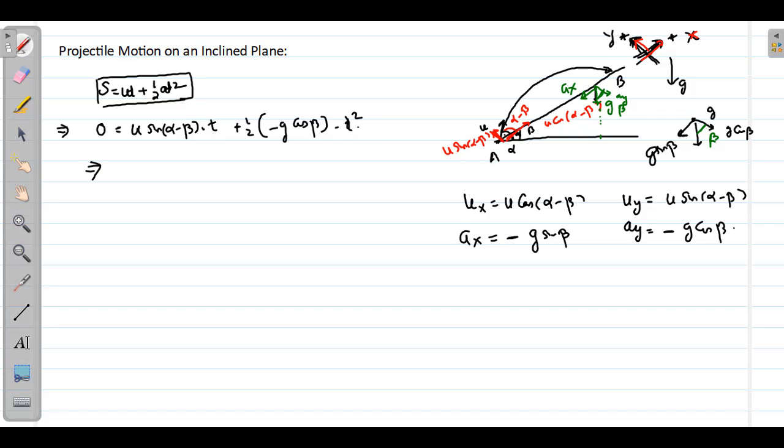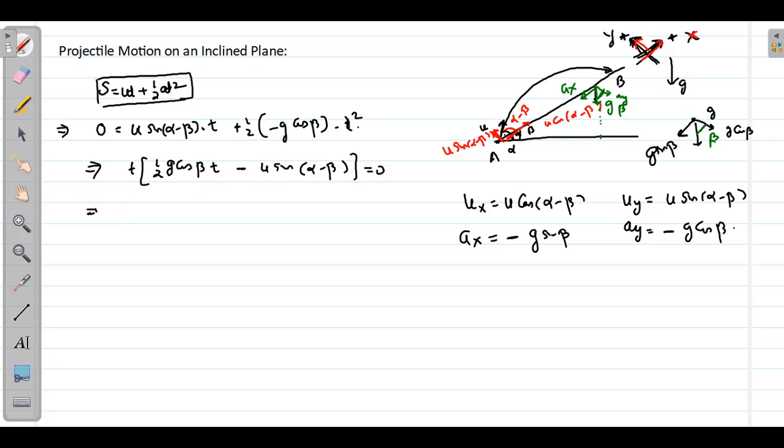We can rearrange the terms, and if we take t out, we get t times (half g cos beta t minus u sin(alpha minus beta)) equals 0.